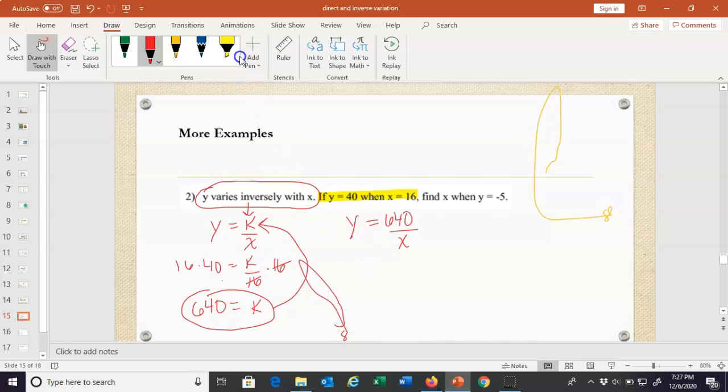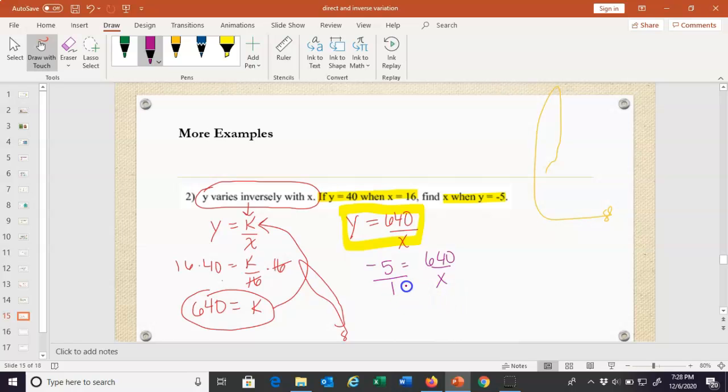We have the function rule that we can use for any x and y value. They happen to want us to find x when y is -5. So let's plug in -5 for y and find x. You can also do this in the calculator. This one is a little bit different since x is on the bottom. We can set this up over 1 and cross multiply.